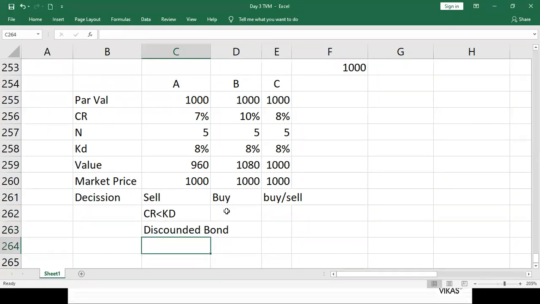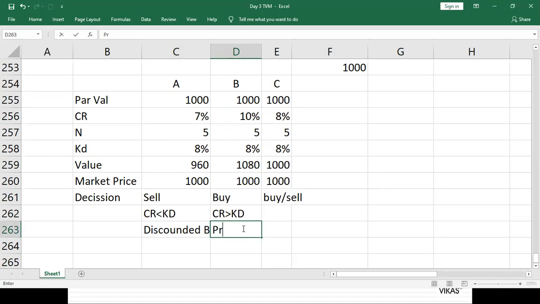So for bond B, coupon rate is higher than cost of debt, isn't it? This time, the real value of the bond is higher than its face value. This bond is called what?